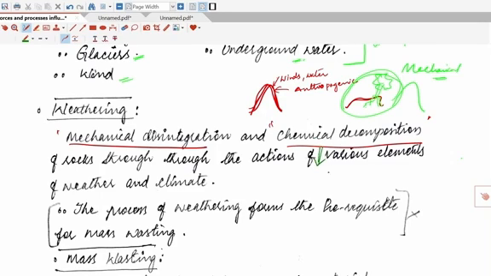Now we'll see chemical decomposition. Chemical decomposition is nothing but, I can say, rusting.